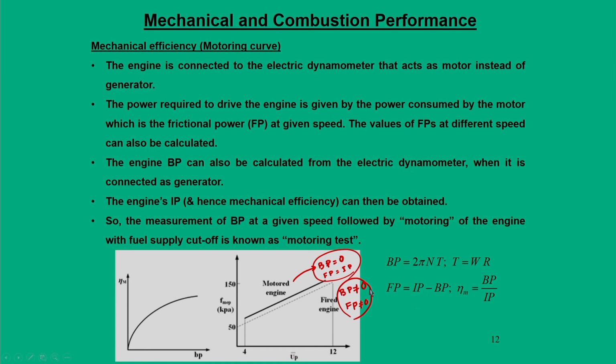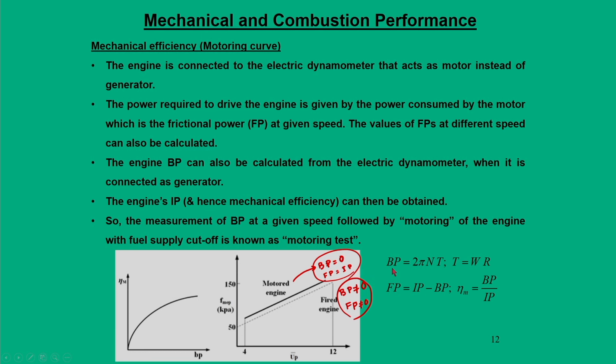So, first thing, how do you do the motoring test? During the motoring test you connect the engine with a dynamometer, but that dynamometer acts as a motor, so that the brake power is 0 and friction power is nothing but the indicated power. In this way we can calculate the friction power of the engine.